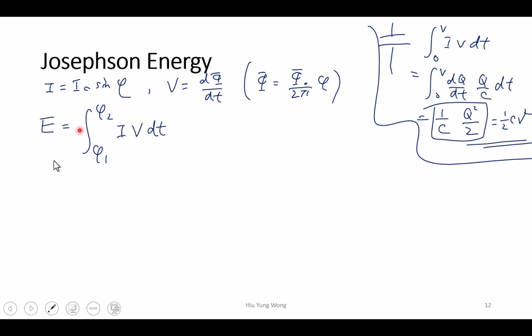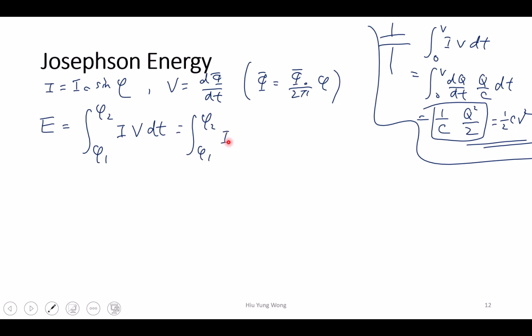Same here. What is the energy stored in the Josephson junction? Current times voltage dt, and then from its state go from phi 1 to phi 2, right? We are not talking about the voltage, because the state variable is phi 1 and phi 2. So we keep doing, then of course, this equal to what?